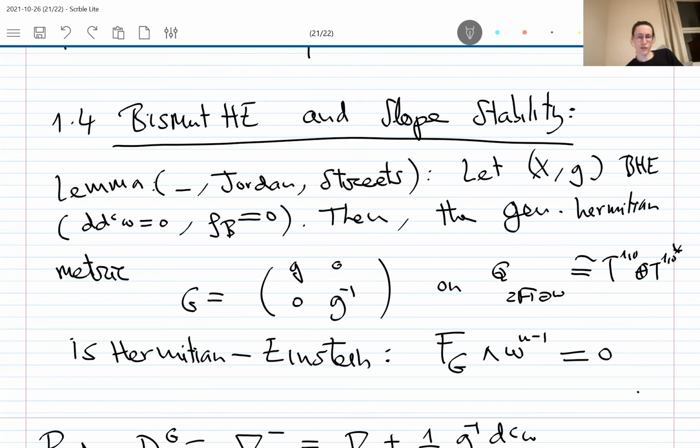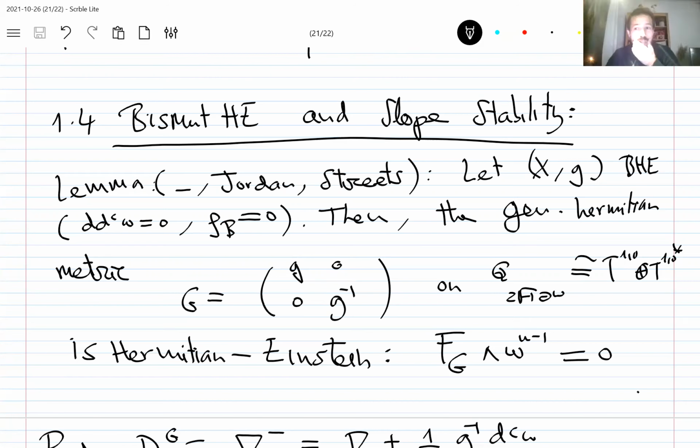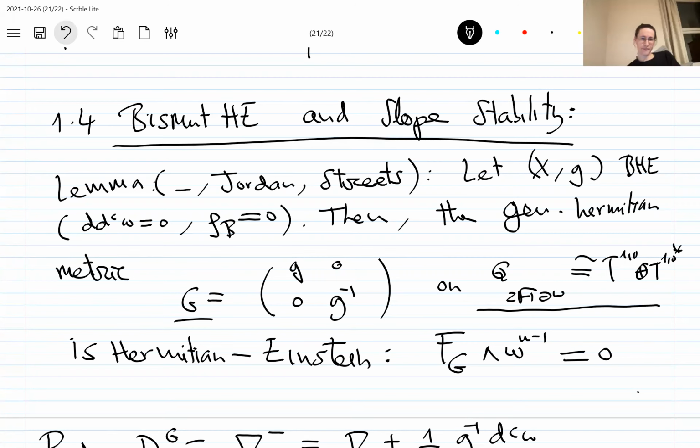So it's still endomorphism valued. Yeah, it's a two-form with values in endomorphisms of tangent 1,0 plus cotangent 1,0. It's the curvature of G in this holomorphic vector bundle, which has a twisted dbar operator. Okay, thanks. Good.